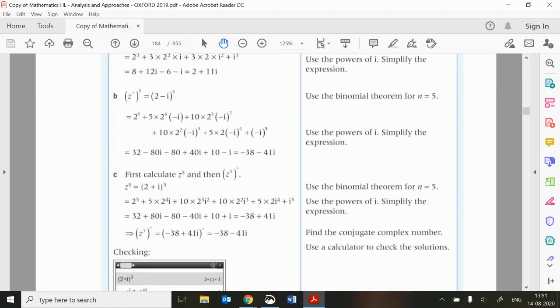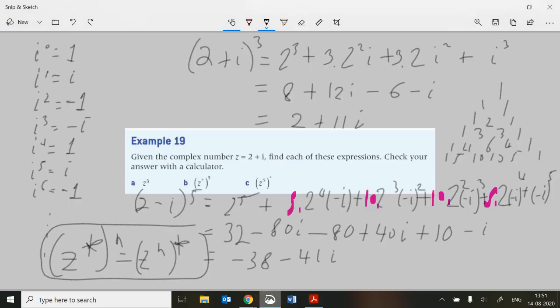Now, that's not a proof of the fact that we've got this statement here, the conjugate of z to the power of n is z to the n, all conjugated. So it's not a proof of this thing here, and we can prove it quite easily later on when we use a different form other than the Cartesian form for writing complex numbers.